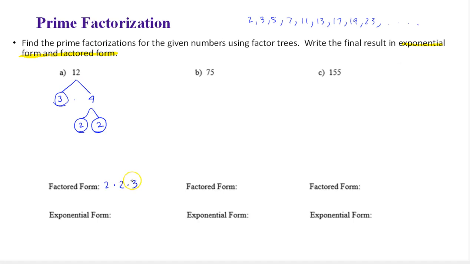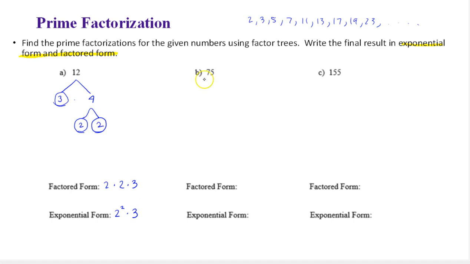This is the factored prime factorization of 12. In exponential form, if we have any repeated factors, we write them as an exponent. So this is 2 factors of 2, which we write as 2 squared. And there's only one factor of 3. We could write it as 3 to the first power, but we don't, because it's implied when there's no exponent that it's to the first power.